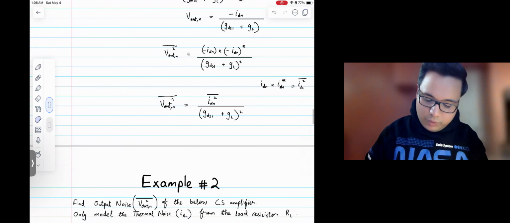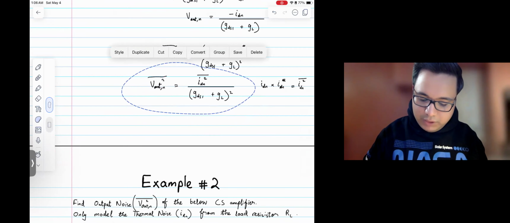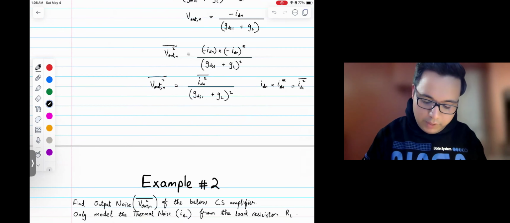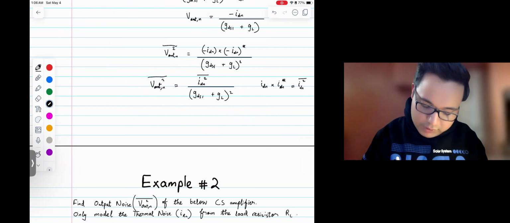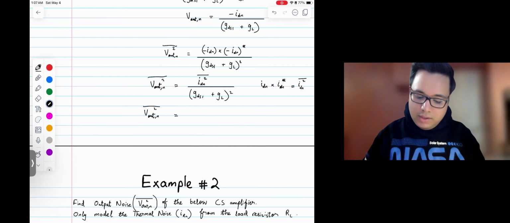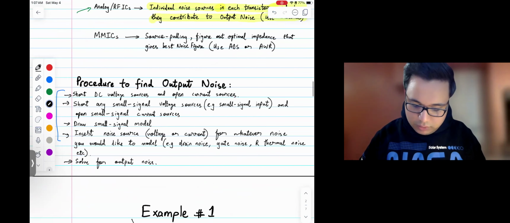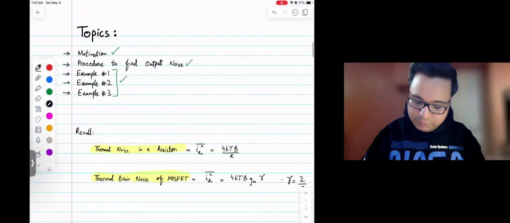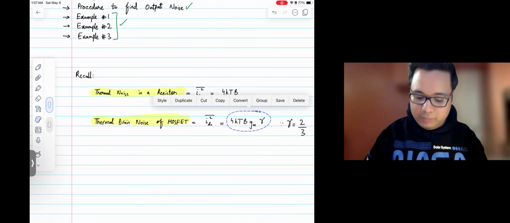And then we can also substitute in an expression for IDN, which is the thermal drain noise. So I can simplify it a bit more and say IDN mean squared, we said that this is the expression for it from the previous videos.